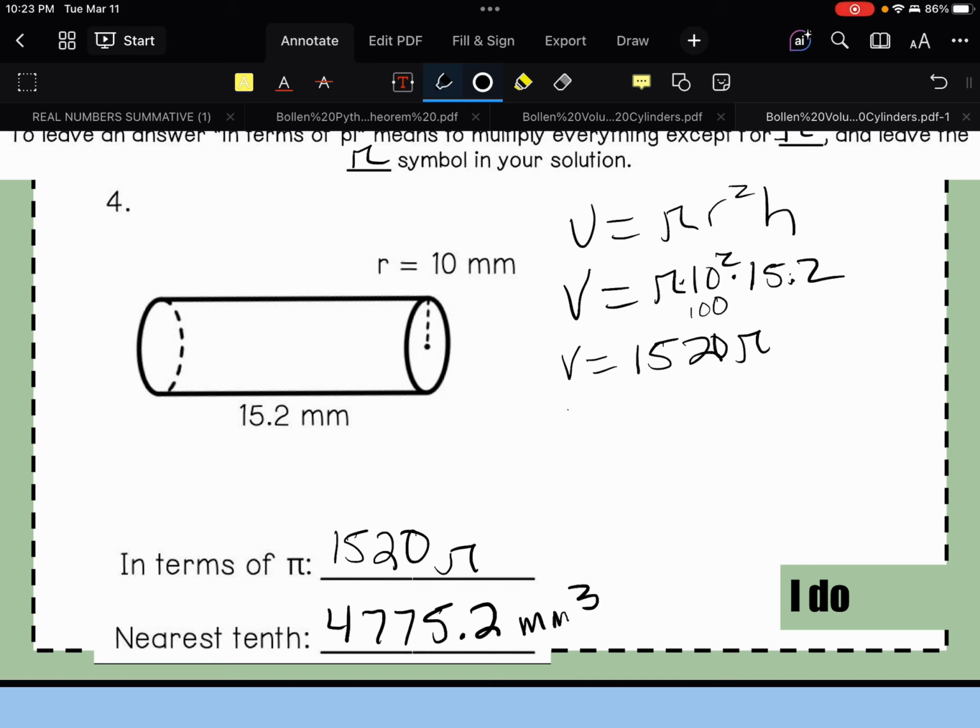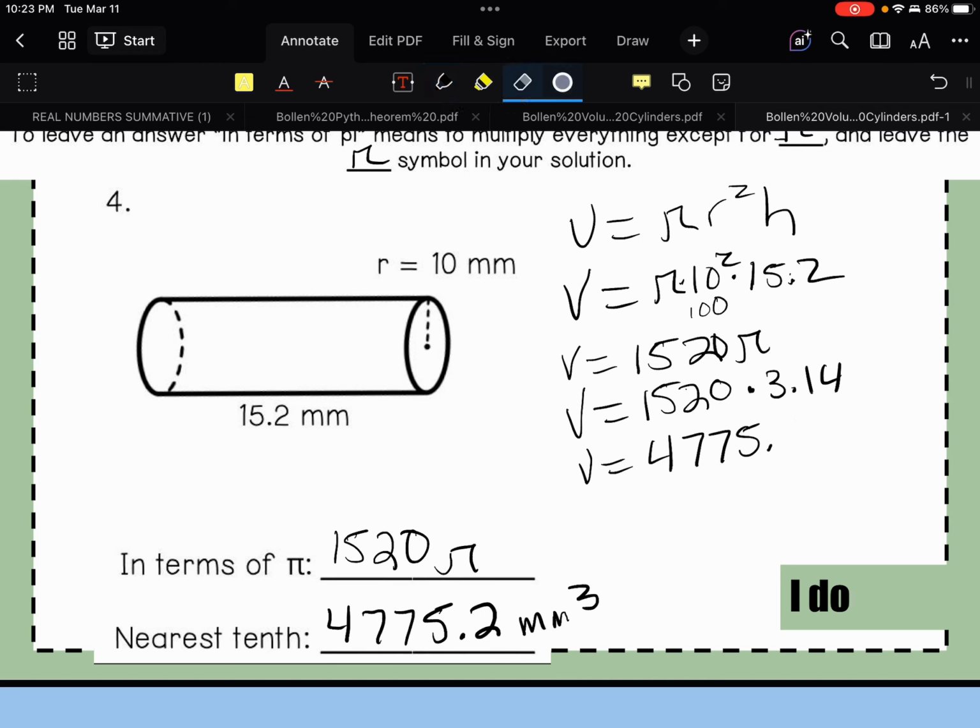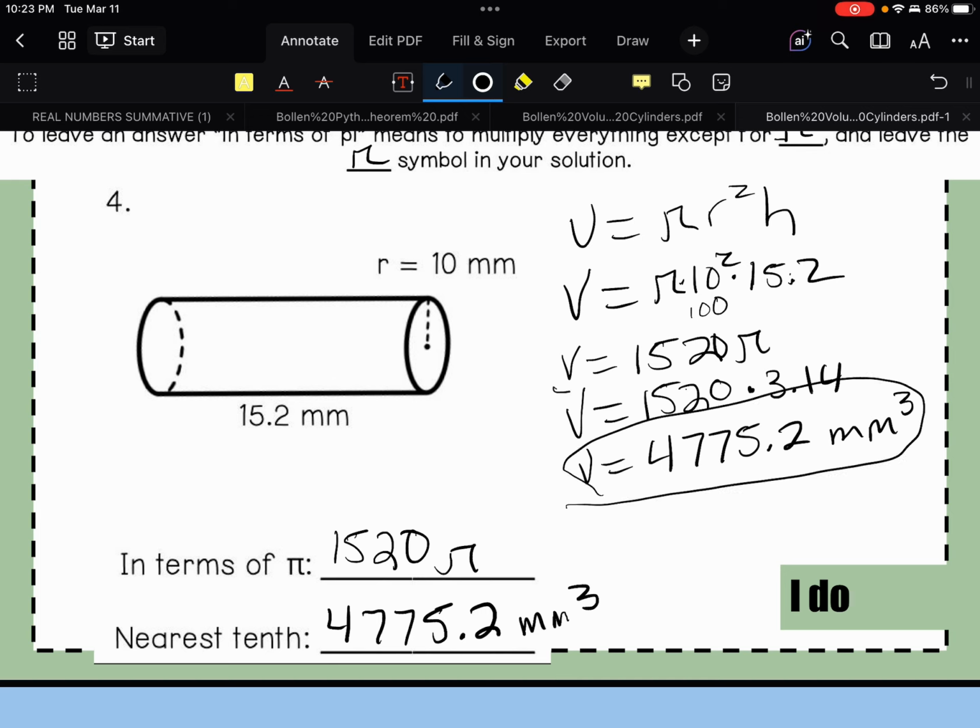So when we multiply 1,520 times 3.14, we get our V is equal to 4,775.2 millimeters cubed. So that would be our final answer. This is our answer in terms of pi. Right there.